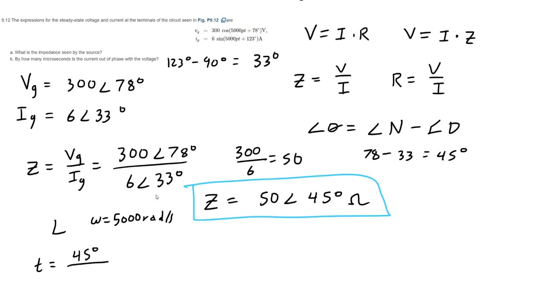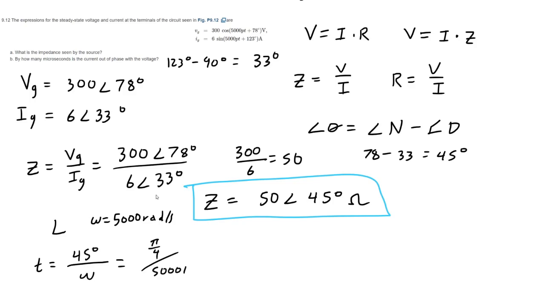If we divide by omega, 45 degrees is going to be pi over 4 radians, and then it's over 5,000.